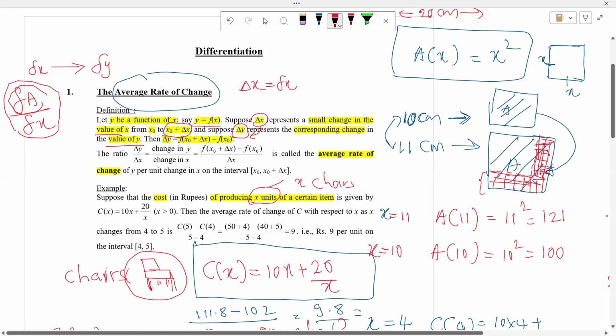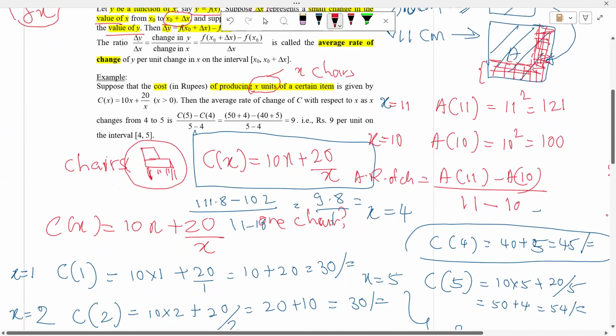Now the average rate of change is equal to A11 minus A10 over the change in my x, because the area change happens with the change in x. The change of x means x11 minus x10. The new length is 11 centimeter minus the previous length 10 centimeter, so that's the change.